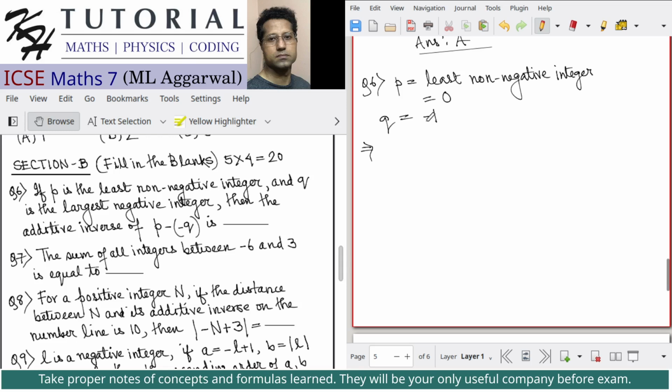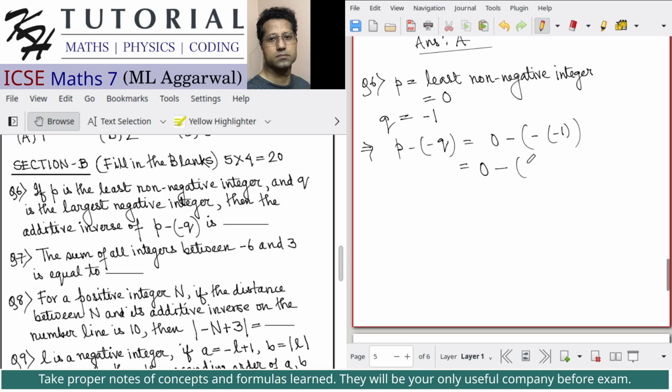So let's first find what is P minus Q. This is equal to P, which is 0, minus Q. Remember, Q is -1. So we have 0 minus, inside the parenthesis, negative of -1, which is 1.